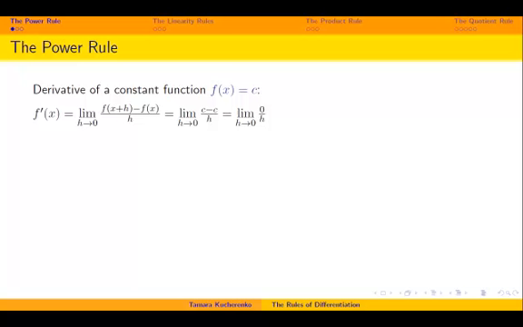Remember that h is approaching 0 but is never equal to 0. 0 divided by any number, no matter how small, gives 0. So the limit is 0.